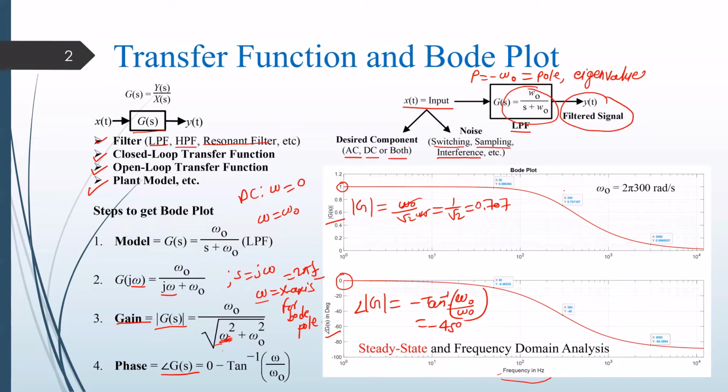You can also clearly see from this example. Here I have considered omega naught as 300 hertz, and you can see the gain value is 0.707 and your phase value is minus 45 degrees.